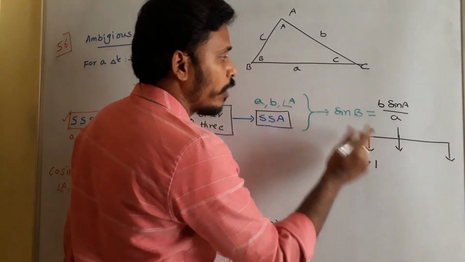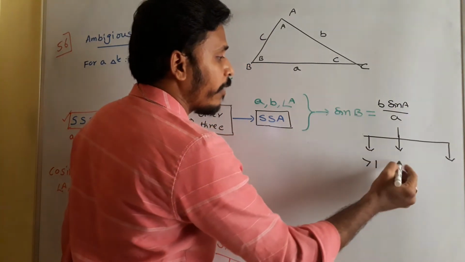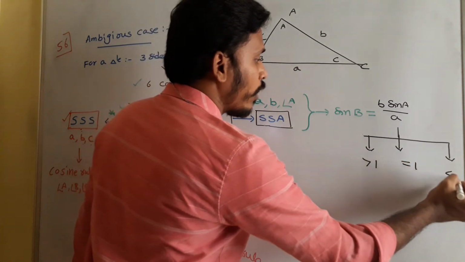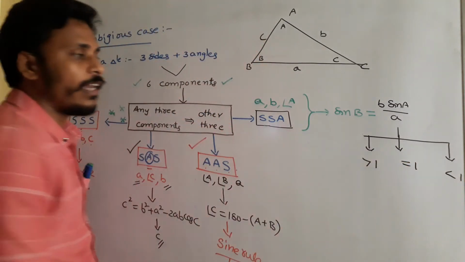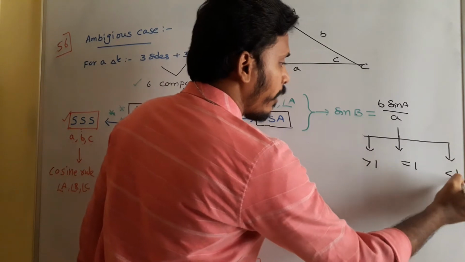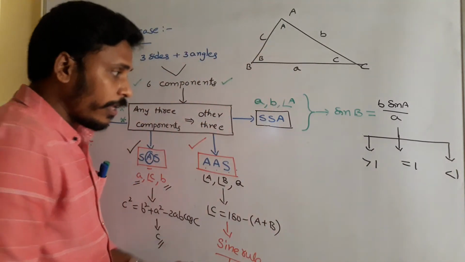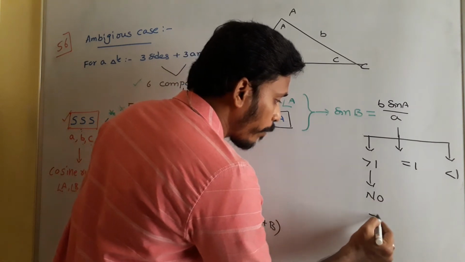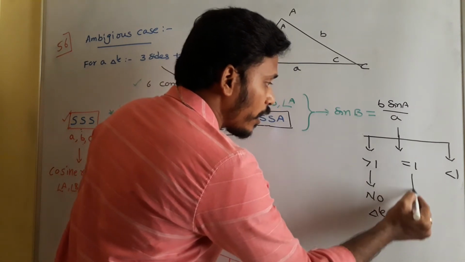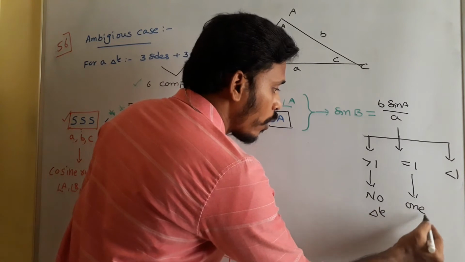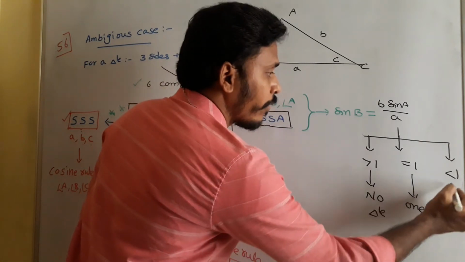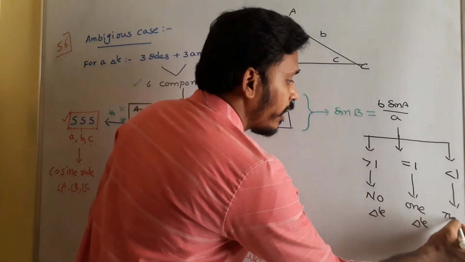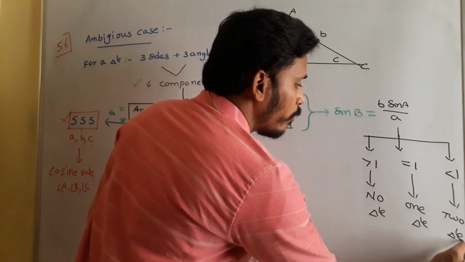If that value is greater than 1, equals to 1, or less than 1, we have three different possibilities. If it is greater than 1, it leads to no triangle. If it is equals to 1, it leads to one triangle. If it is less than 1, it leads to two triangle possibilities.